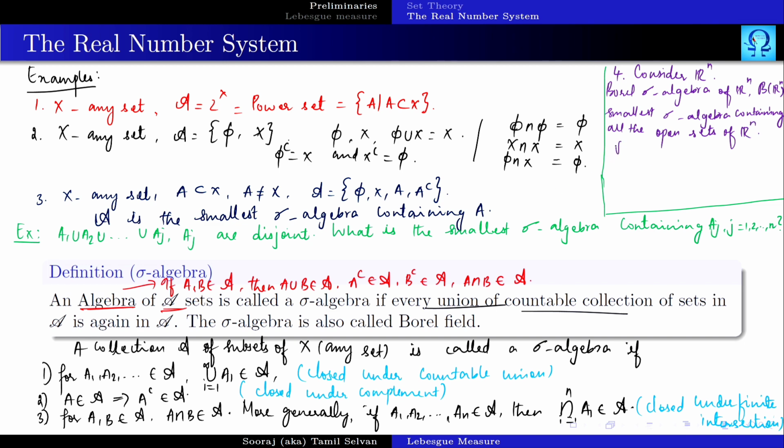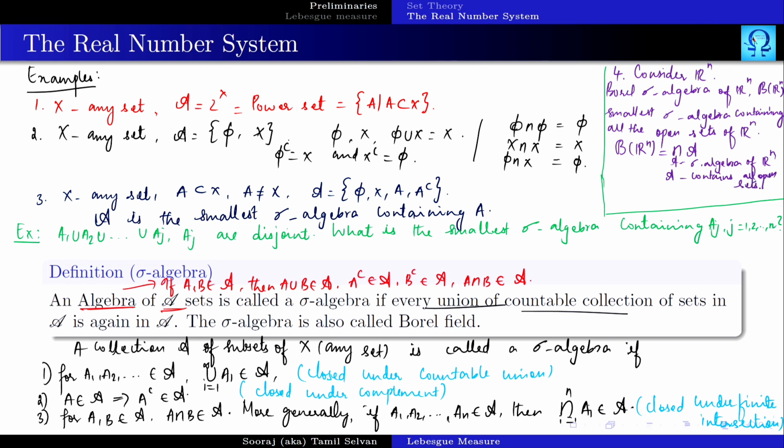So in simpler terms, script B of R^n is going to be the intersection of script A, where your script A is the sigma algebra of subsets of R^n, and this contains all open sets.